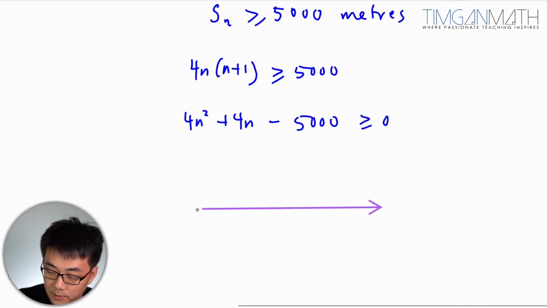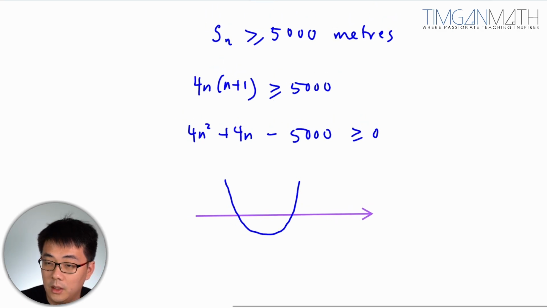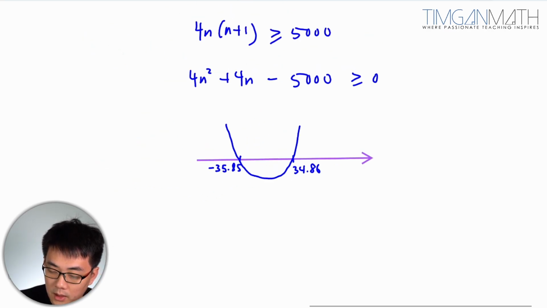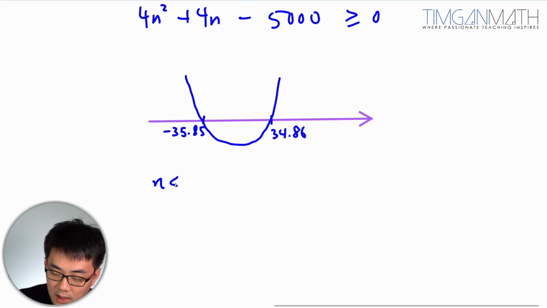So in this case, you're going to just draw this out. This will be negative 35.85 or 34.86. So n will be at most negative 35.85 or n will be at least 34.86.